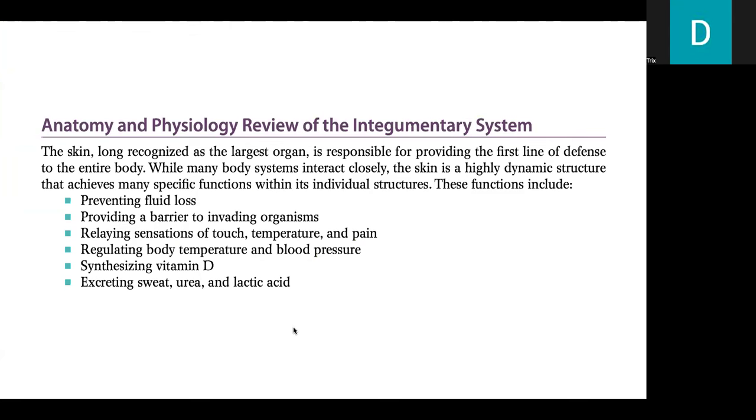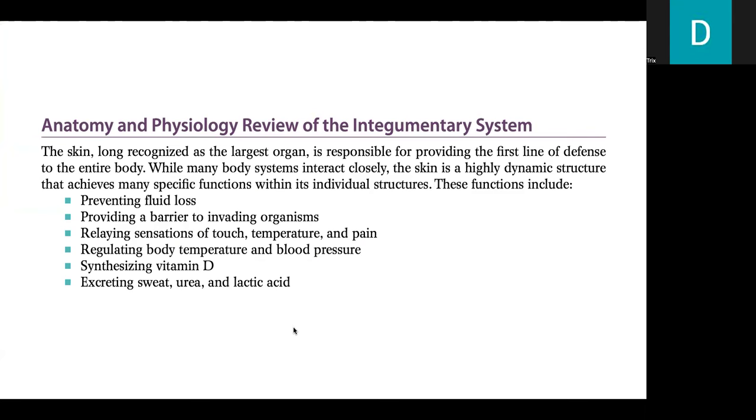The skin, long recognized as the largest organ, is responsible for providing the first line of defense in the entire body. While many body systems interact closely, the skin is a highly dynamic structure that achieves many specific functions within its individual structures.